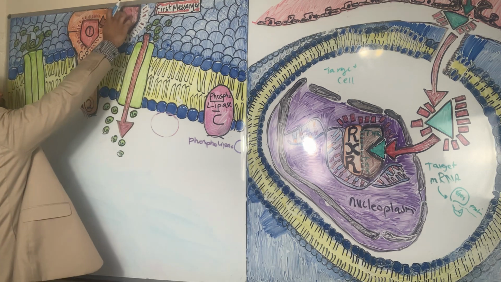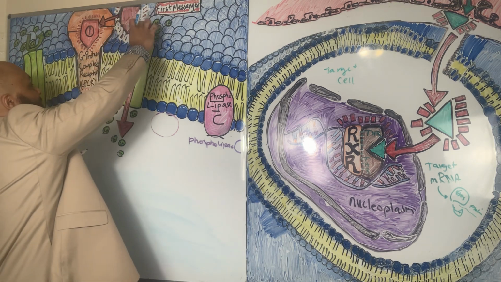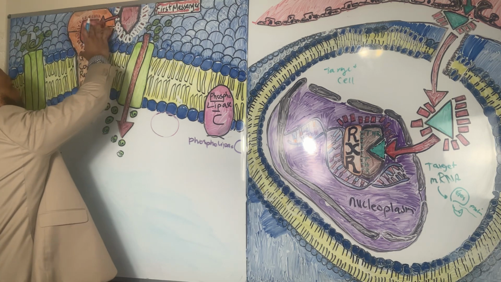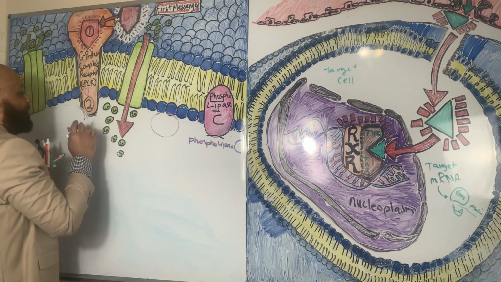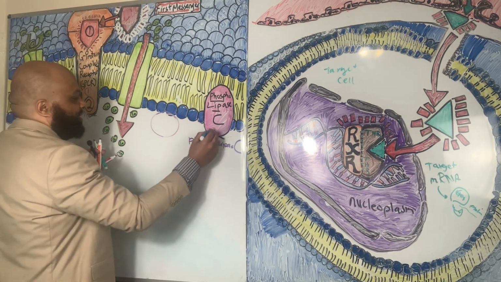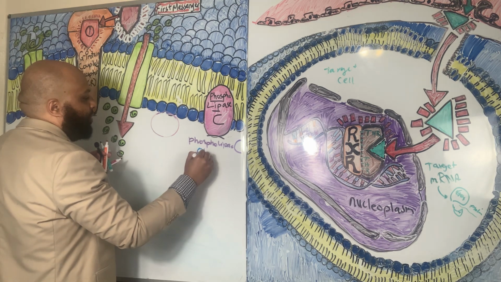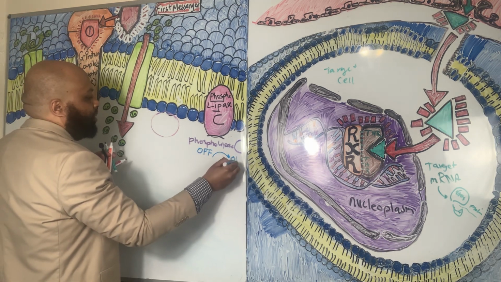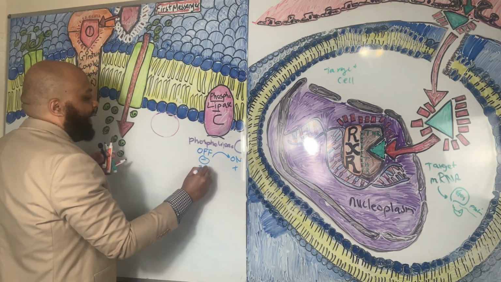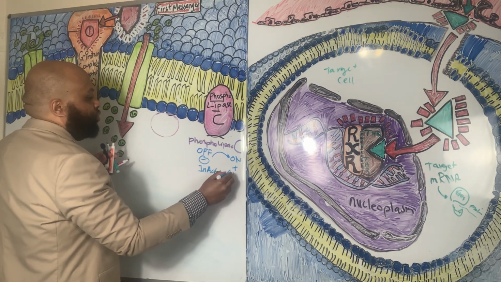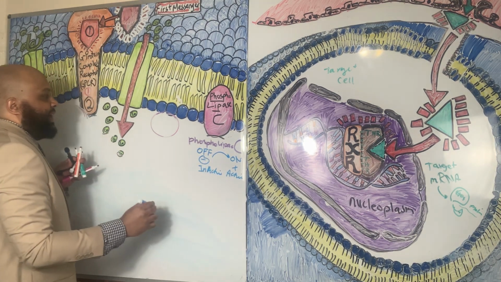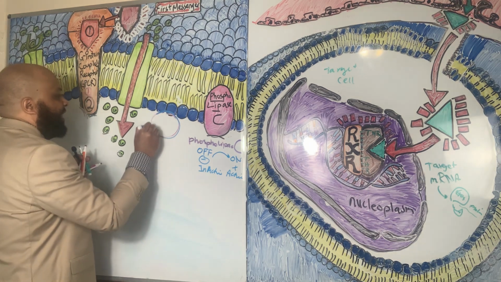So when the hormone, the target hormone, the non-steroid hormone binds to the extracellular region of the G protein coupled receptor, it will cause the phospholipase C enzyme to turn from off into on, from minus into plus, from inactive into active.